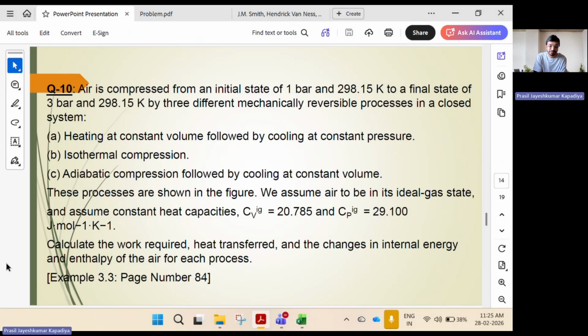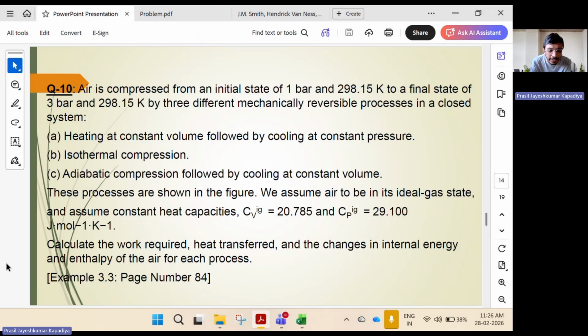Let's take this problem. Air is compressed from an initial state of 1 bar and 298.15 Kelvin to a final state of 3 bar and 298.15 Kelvin by three different mechanically reversible processes in a closed system. So I am compressing my air from initial pressure P1 equal to 1 bar, T1 equal to 298.15 Kelvin to a final state of 3 bar and 298.15 Kelvin via three different routes.